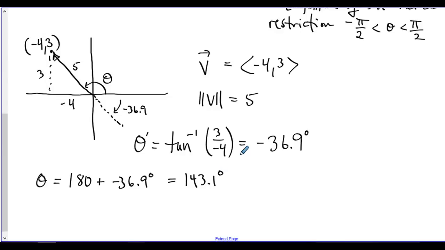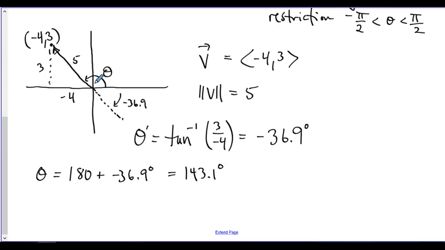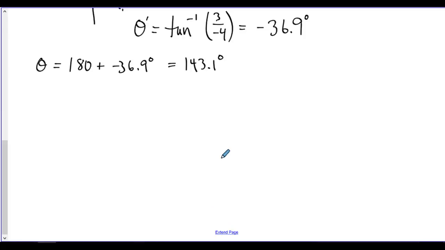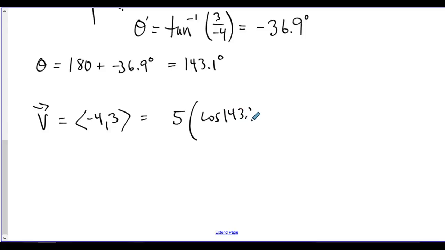And so that's the angle that I actually need to write it in that form that was required. So the vector negative 4, 3 can be written as 5 cos of 143.1 times unit vector i plus sine of 143.1 times unit vector j.